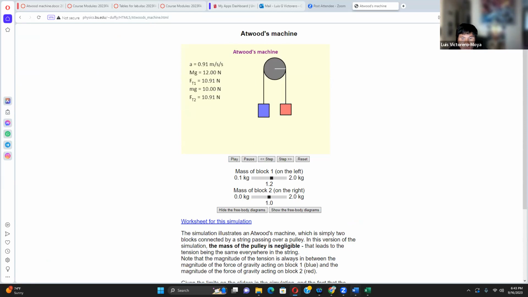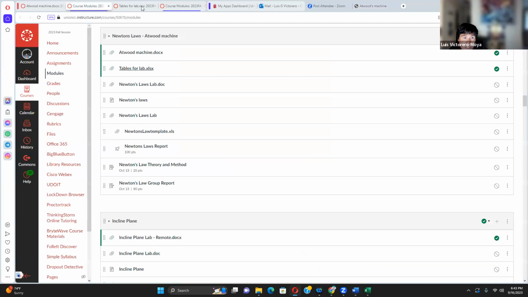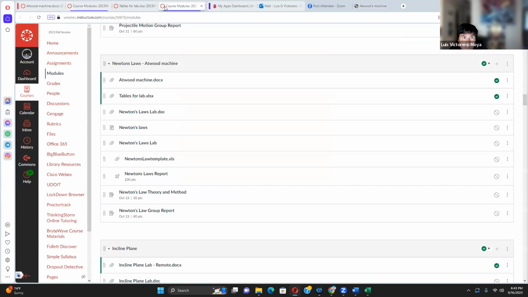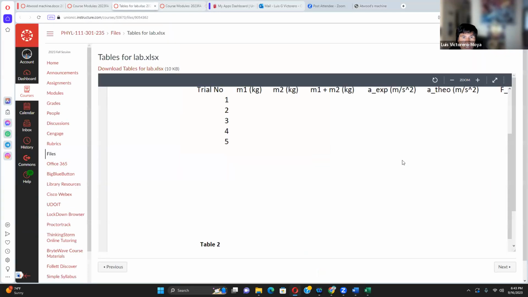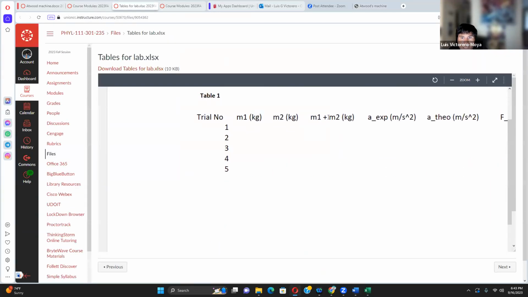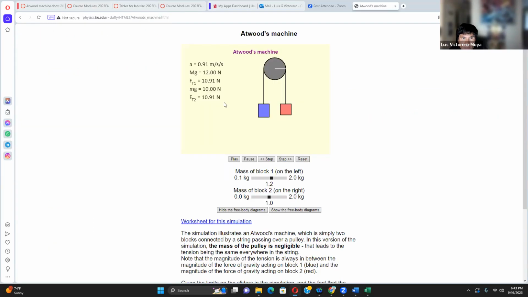The idea is to do two experiments or two situations. On the first one, you are going to be having the total mass M1 plus M2 constant. And then you are going to be changing M1 and M2 5 times, and you're going to get an experimental acceleration. The experimental acceleration comes from here, of course.